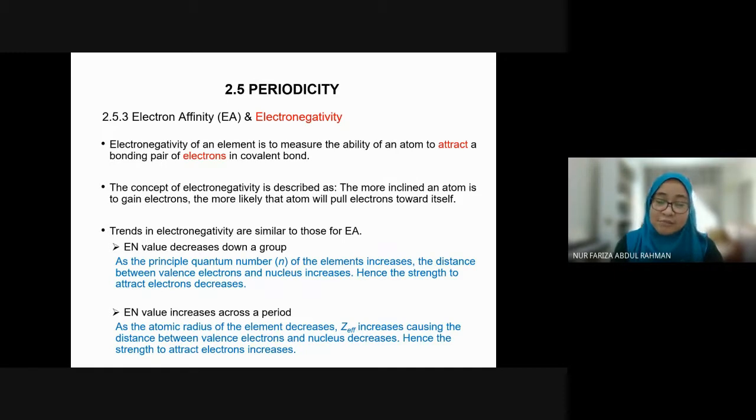In fact, in chemistry banyak sangat anomalies. Okay, tak semua ikut trend. Banyak yang ikut trend tapi not all lah. In fact, for the periodic table itself, the group yang paling banyak tak ikut the trend would be from the D block element ataupun from the transition element.